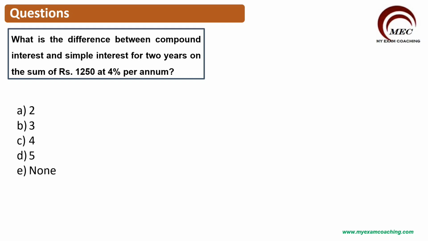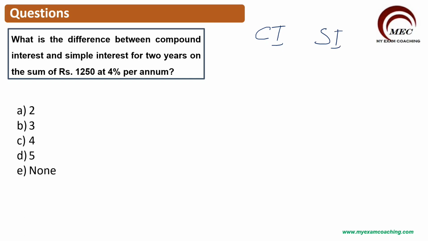What is the difference between compound interest and simple interest for 2 years on a sum of 1250 at 4% per annum? So again, very important concept here. We have compound interest and simple interest.